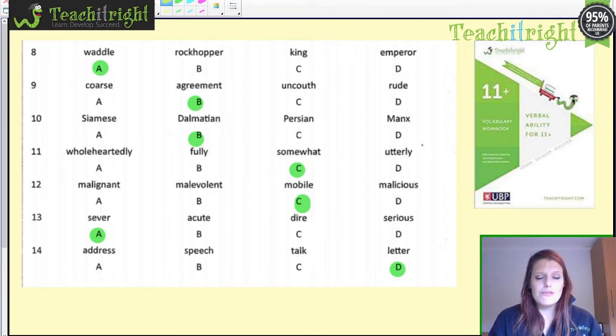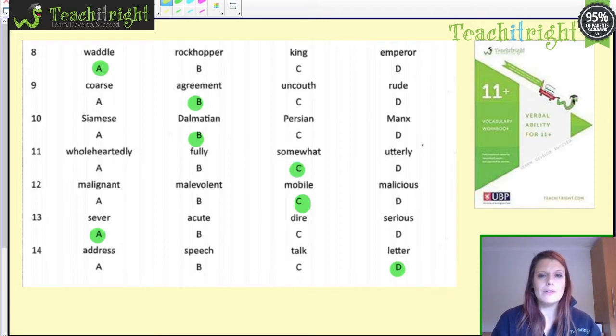Number nine, agreement. The others describe ill-mannered ways of speaking. Number 10, a Dalmatian is a type of dog, and the others are all cats. Number 11, somewhat is not completely, and the others are.